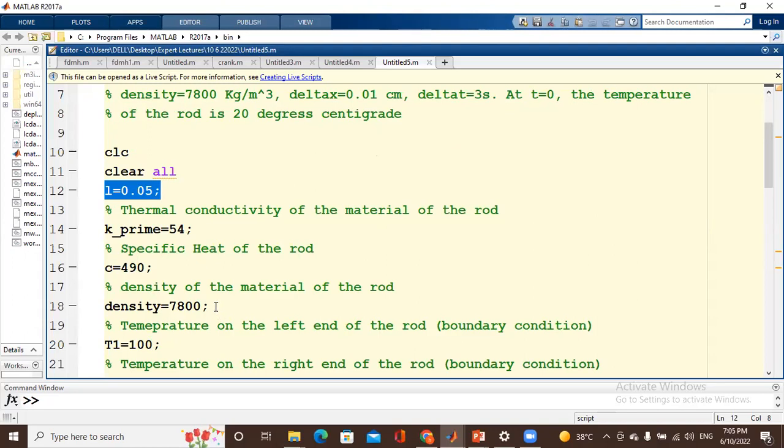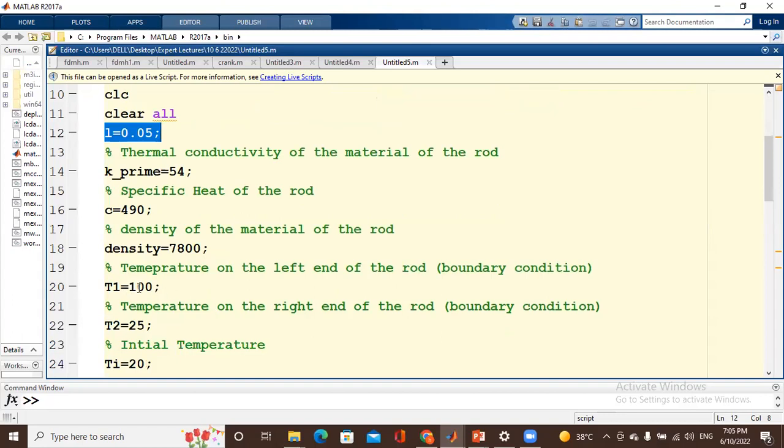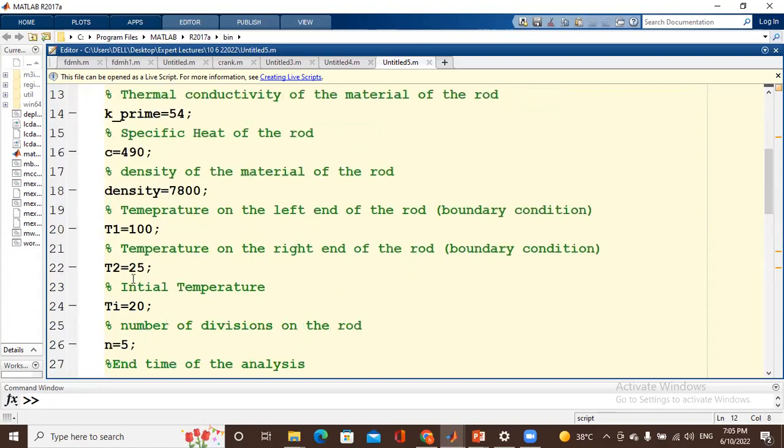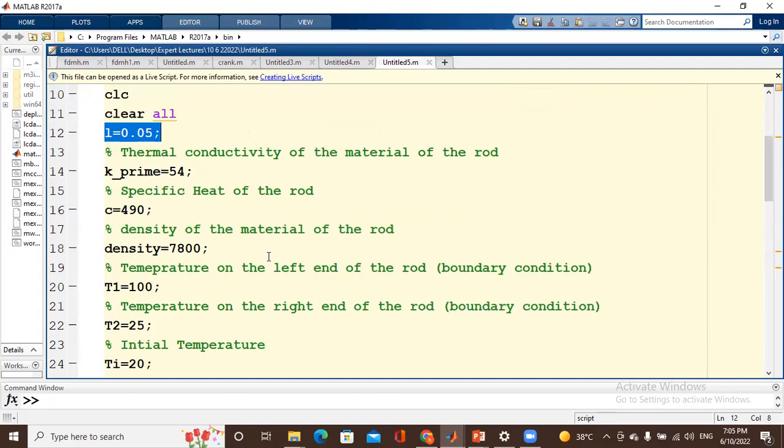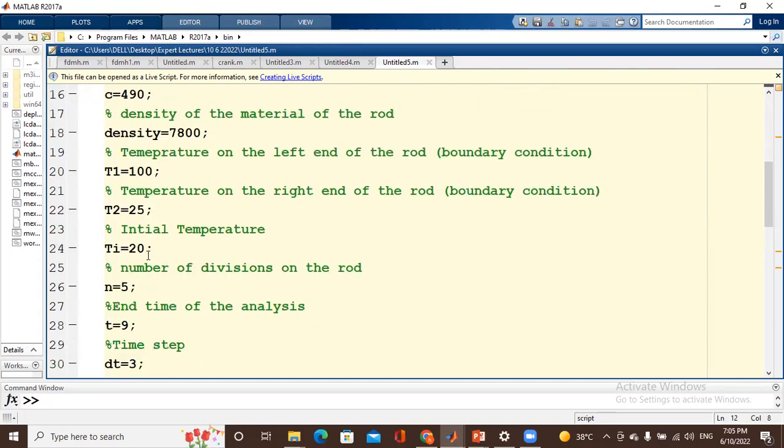So all are constant. T1 is 100, given for the left end of the rod. T2 is 25, the right end of the rod. Initial temperature here is given as a fixed value of 20. So the initial Ti is 20. Sometimes the initial condition depends on a variable, then we write it in the form of the variable.